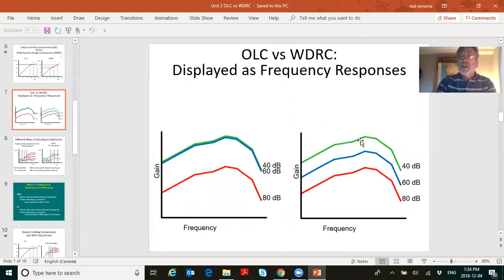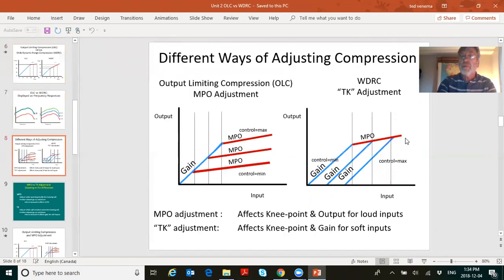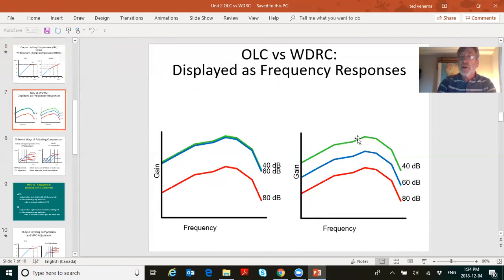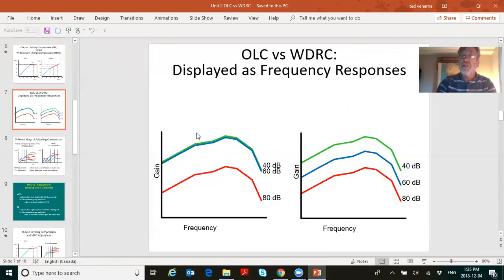On the right, you've got most gain for soft, less gain for average, less gain for loud, and that would be seen here. WDRC on the right, output limiting on the left.